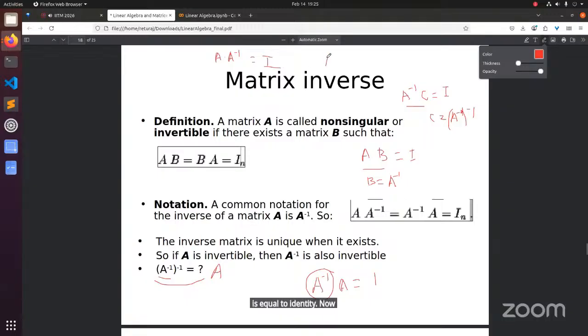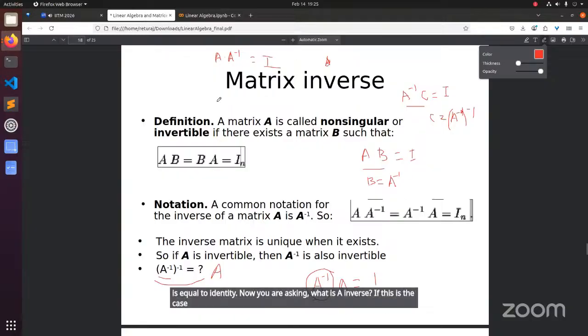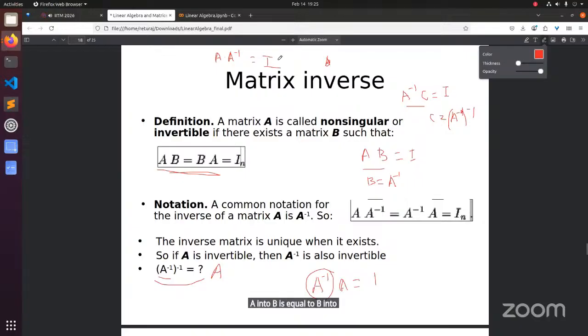Now we are asking what is A inverse of inverse, and we also know that A into B is equal to B into A, so we can also write A inverse into A. So B into A, that is A inverse into A, and this is equal to identity. These are all equal to identity. Everyone is okay with this?